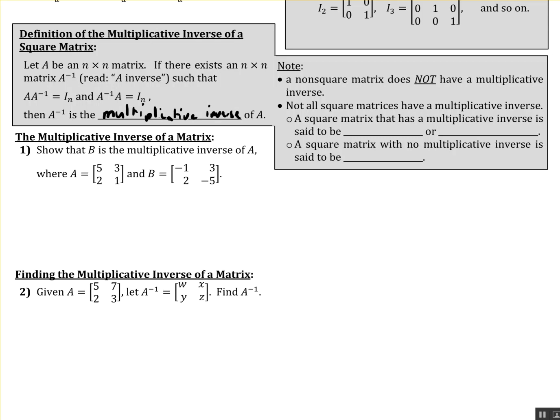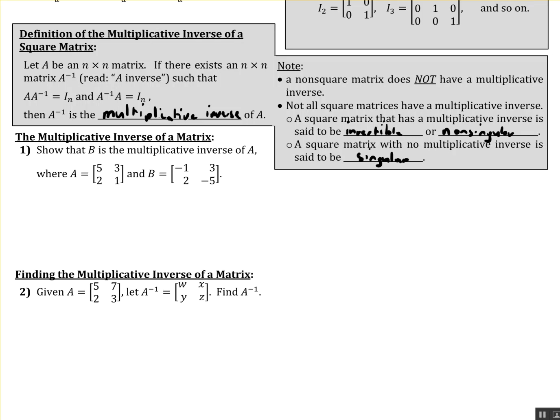So in order to be invertible, you have to have a square matrix. Not all square matrices have a multiplicative inverse. If it does have one, it's said to be invertible. Interesting spelling: invertible with an I, not an A. It's also called non-singular. If there is no inverse, it's said to be singular.